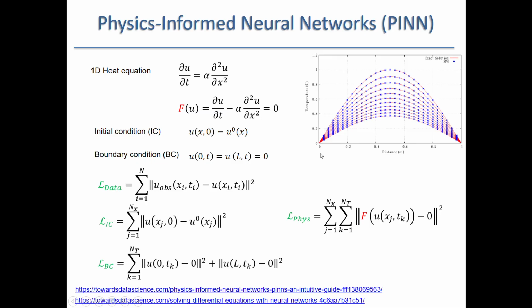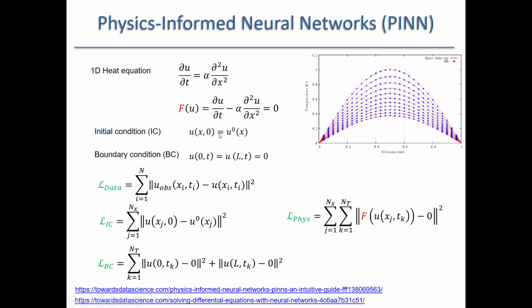So let's say that we have some initial distribution of heat here in the bar. It is a very thin bar or very thin filament with some initial distribution of temperatures, and we have some boundary conditions. So for instance, we keep both ends of the filament at 0 degrees, and then we have some physical losses.